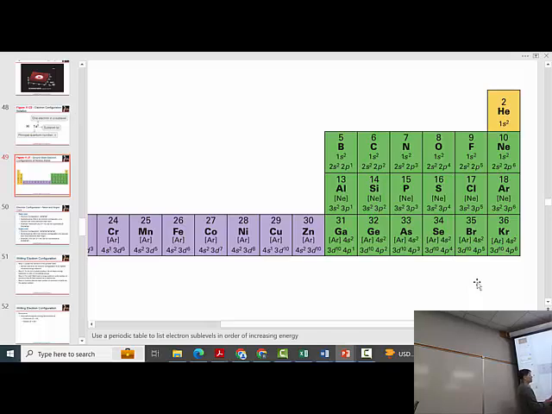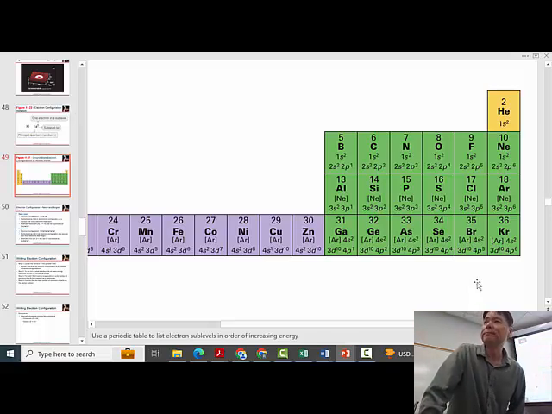It would seem to make sense at plus 4 because that gives us half-filled 3d5. But it ends up being just losing these, that's plus 2, and cobalt plus 3 is just losing one of these d's. In the d subshell, we'd have 4 singles and 1 pair still left. You'd think you could take that other pair, but it turns out to be too difficult to do.